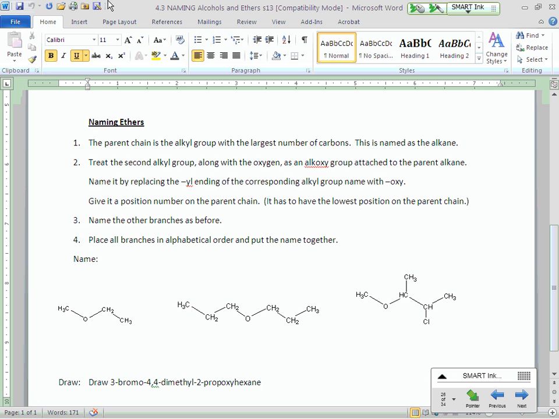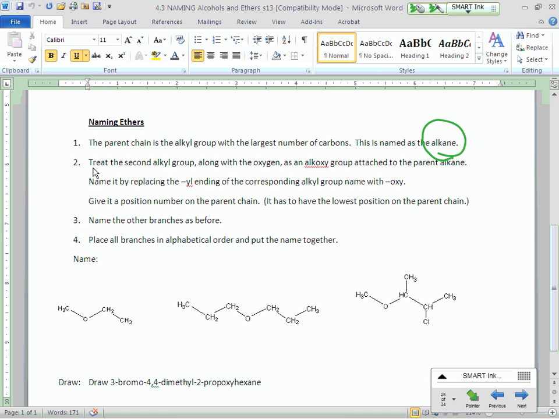It's kind of strange in how we name it. We don't have a special naming system. We still have the parent chain, but the parent chain is going back to the alkane. All right? Let me go through it. I'll show you an example, and then hopefully the light will go on. So it's like we're going back to alkanes.